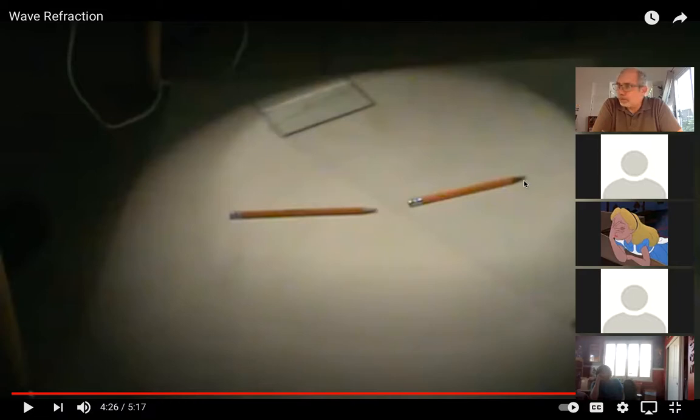But it's real important to know that the frequency stays constant. This is going to be a theme. This is the first time of many that I'm going to state this. Once generated, the frequency of a wave never changes. Okay? If something else changes, like the speed, then the wavelength will change to compensate, but the frequency remains the same.